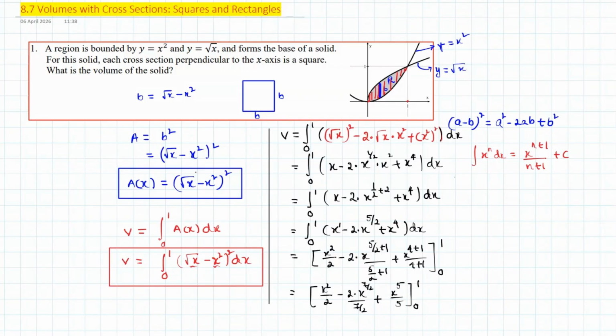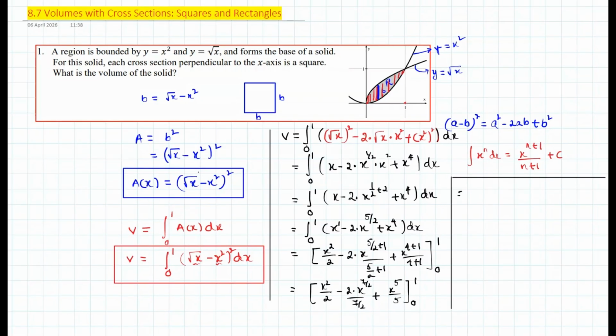Since there is a fraction in the denominator, we can rewrite it by flipping the fraction, so 2 times 2 over 7 is 4 over 7 times x to the power 7/2, plus x to the power 5 over 5, from 0 to 1.